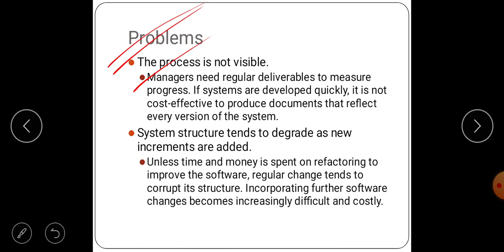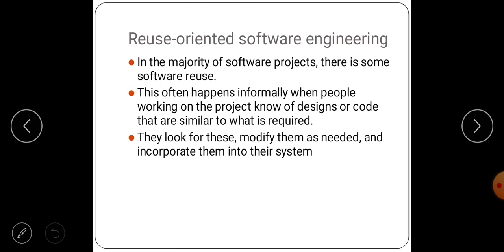These are the two problems of the incremental development model. Next one is reuse oriented software engineering. What is this reuse oriented software engineering? In the majority of software projects there is some software reuse.